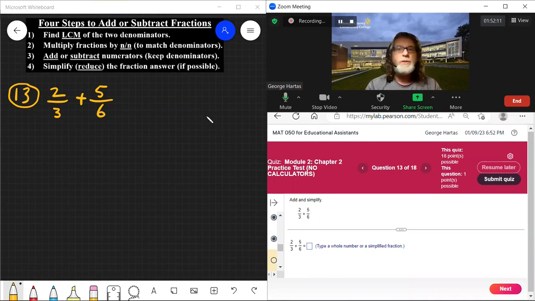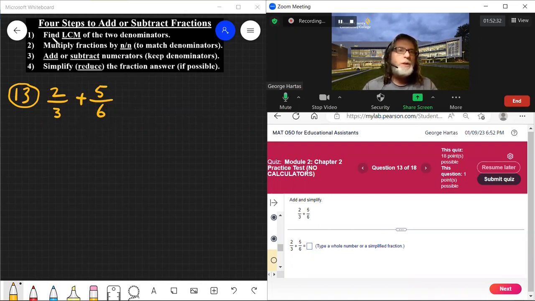Question 13. 2/3 plus 5/6. So here we are adding two fractions, and we have two different denominators. Whenever you have two different denominators and you're adding or subtracting fractions, you got to perform these 4 steps right here.